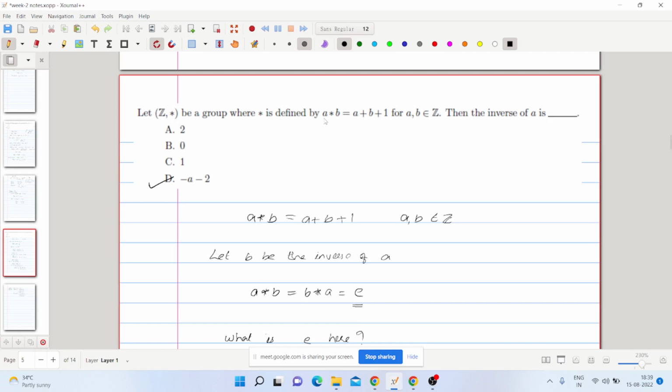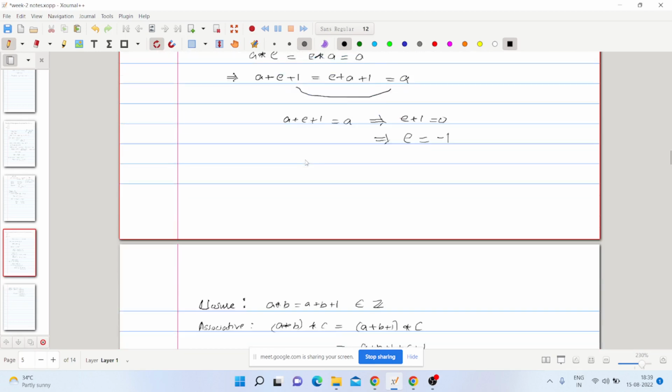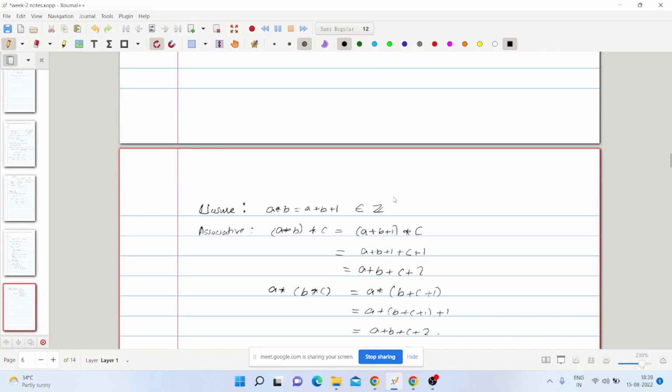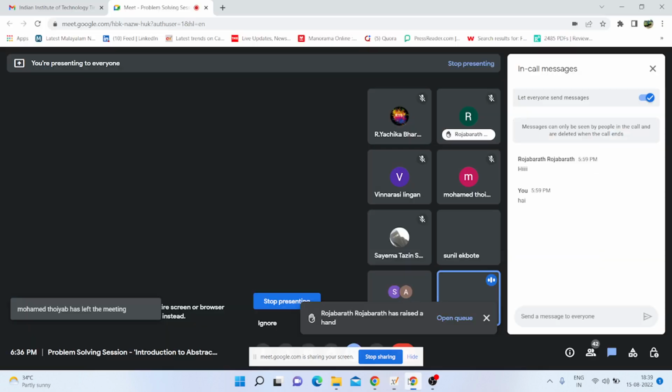But when the operation changes to star, the identity is -1. So identity does not depend on the set actually. It depends on what operation is going to be performed. Is there any doubt in this question? Anyone having a doubt?